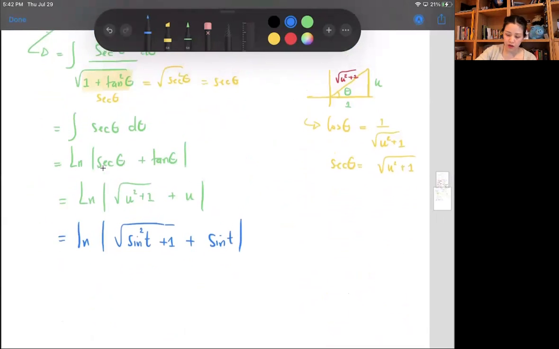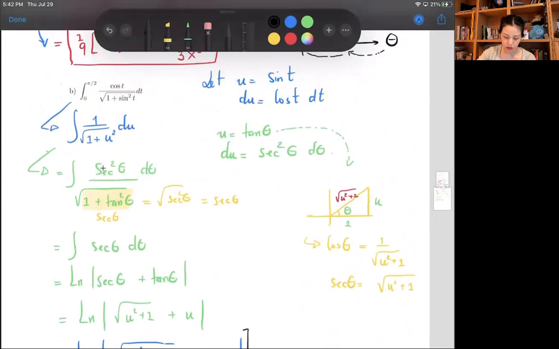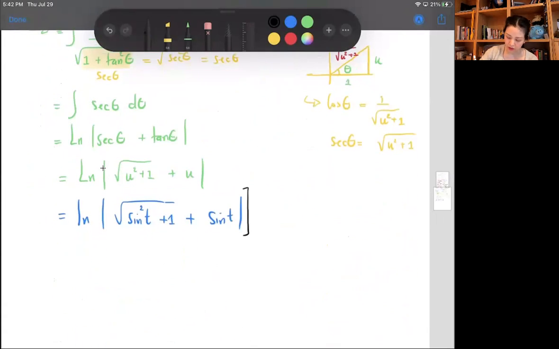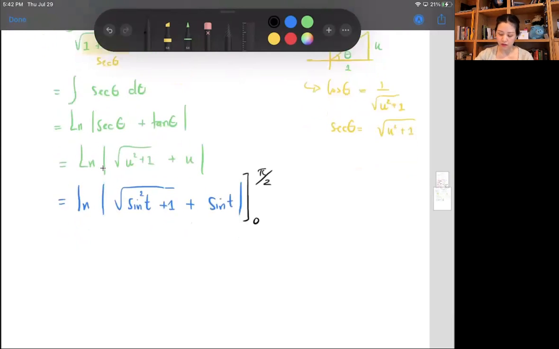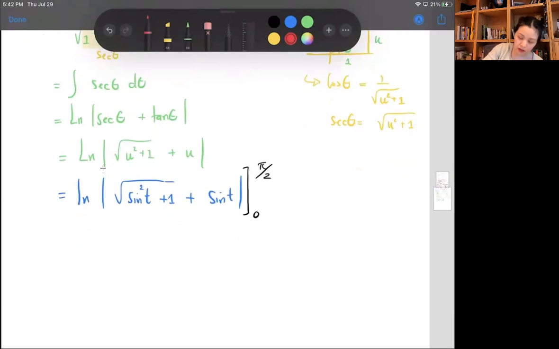We're going to evaluate from 0 to pi half. Because we turned everything back into t terms, we can use its limits, which are from 0 to pi half. Plug it in.